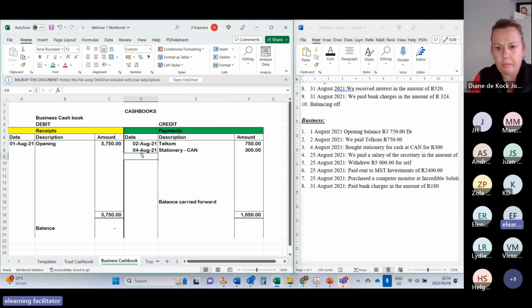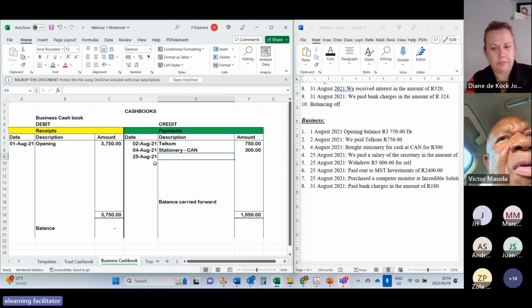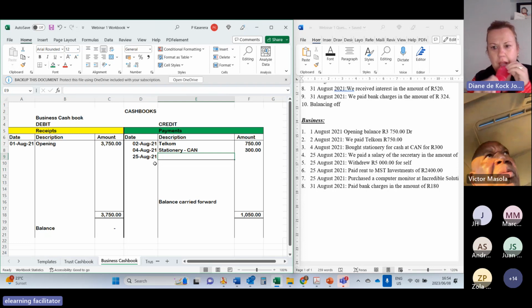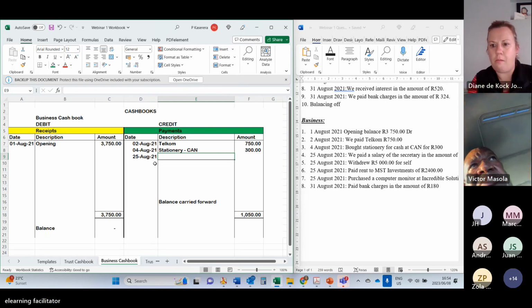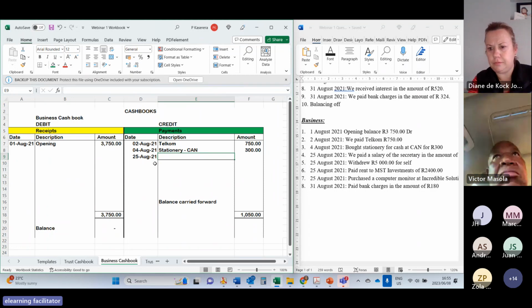For our salaries, when it comes to our cash book, do not lump them up. When we are processing payments, there's no way that I can pay a salary for Peter, John, and Messi all together. I'll have to do EFTs to each one of them. So if we do not lump things up, it's easier for us to follow.